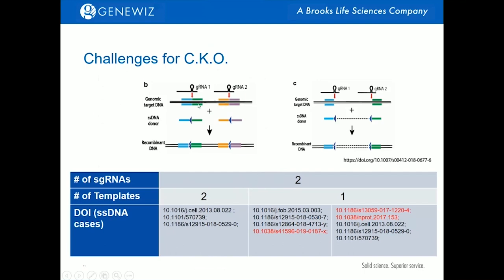Both ways you start with 2 sgRNAs to generate 2 cuts precisely at the LoxP sites you want to introduce. Then you can use either 2 short repairing templates, which can be either double or single-strand DNA, or you can use a long donor, again double or single-strand DNA, as a repairing template.